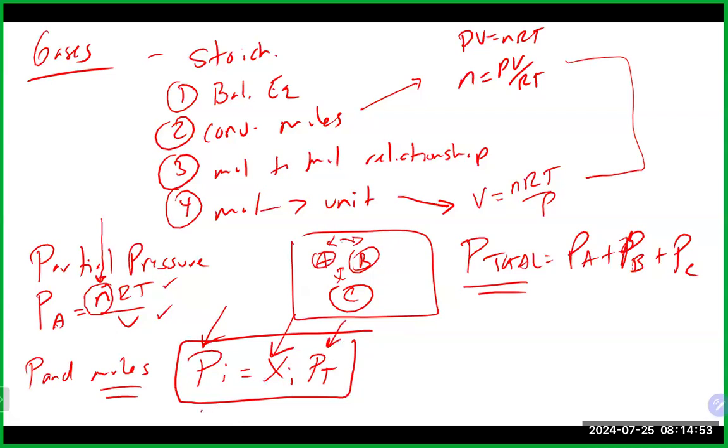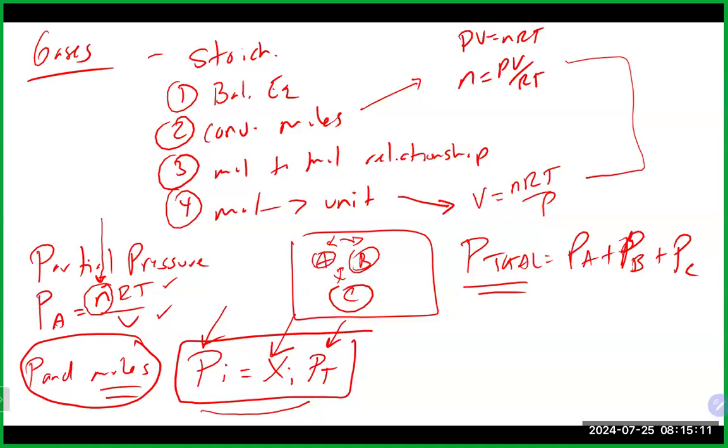So this is a nice little equation. If you have those two pieces of information, a way to get the moles of everybody and one pressure, either a partial pressure or a total pressure, you'll be able to calculate everything that you need.